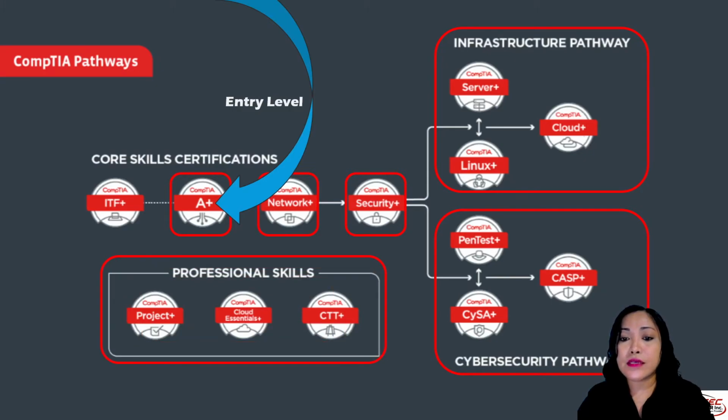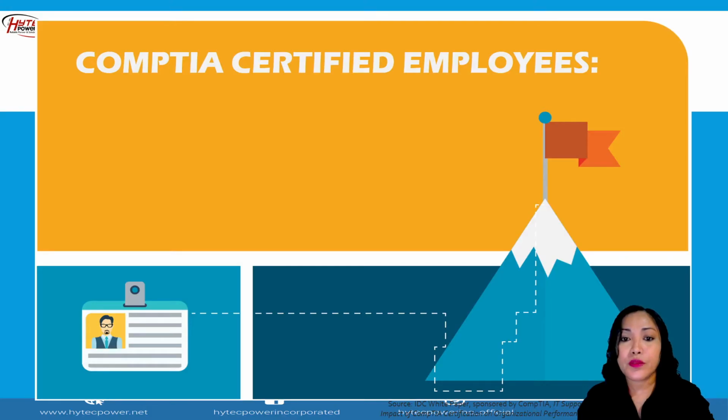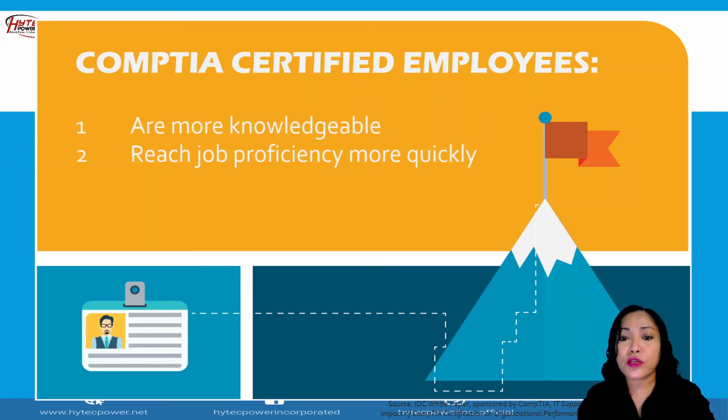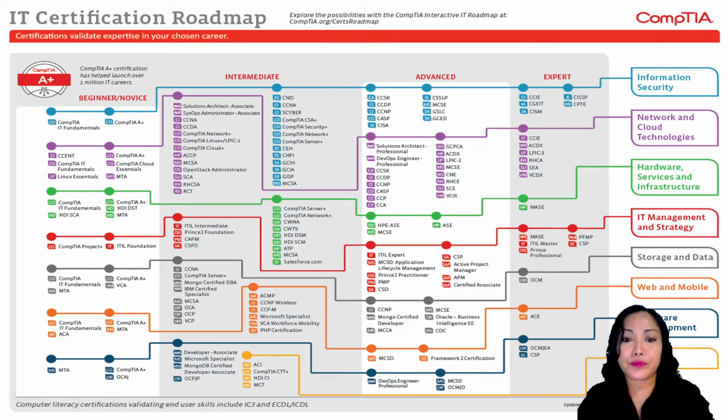And then lastly, covering professional skills are Project+ on project management, Cloud Essentials+ on Cloud Essentials, and then CTT+ on the Technical Trainers Training Program, which concludes that CompTIA certified employees are more knowledgeable, reach job proficiency more quickly, and can perform at a higher level.